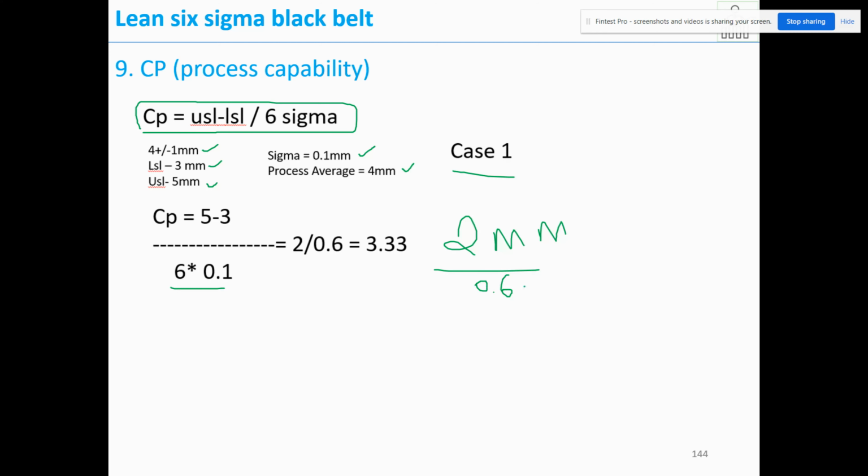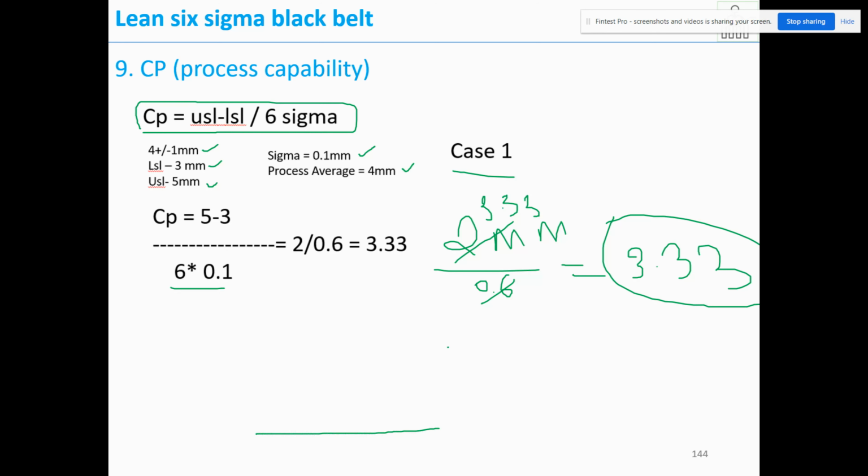When you divide 2 by 0.6, it is 3.3. So the CP value is 3.3. This means we are able to divide the numerator 3.33 times. One goes for the 6 sigma variation, and the other 2 are extra that you are able to divide. That means you are 3 times better. Let us plot this in the graph. Now this is the standard graph.